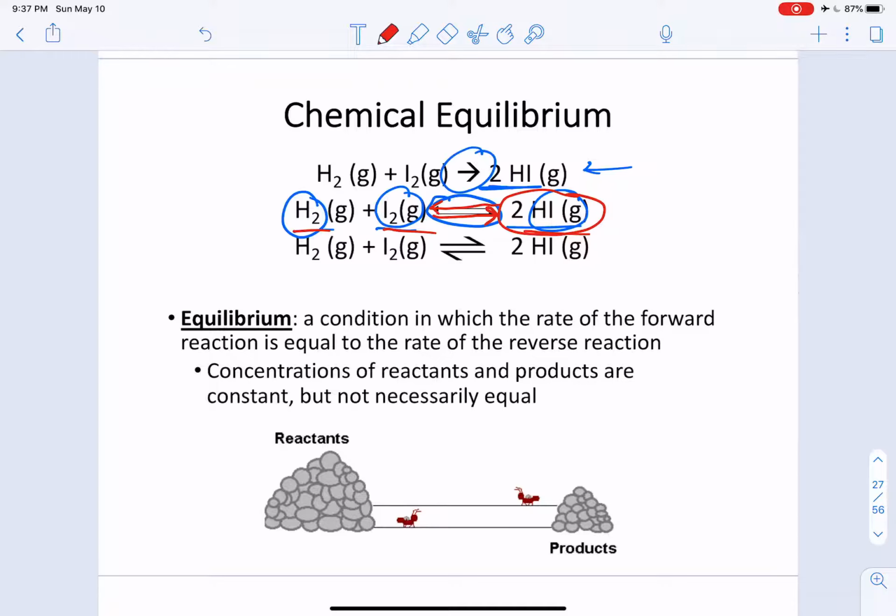Now, the other way you'll see the double arrows drawn is like this. It's a nice fancy double arrow system right there. And that just means the same thing.